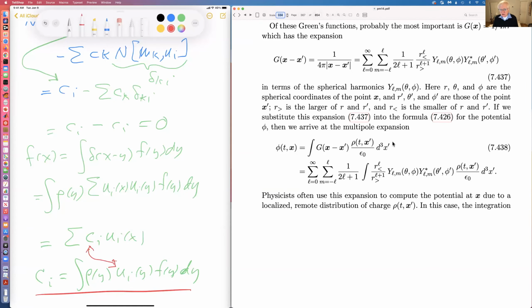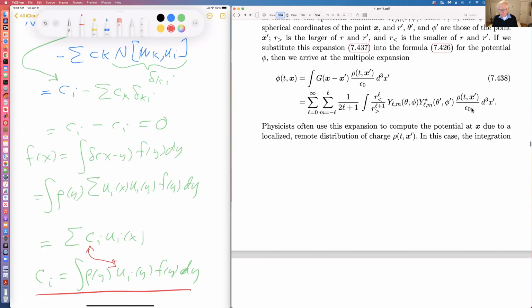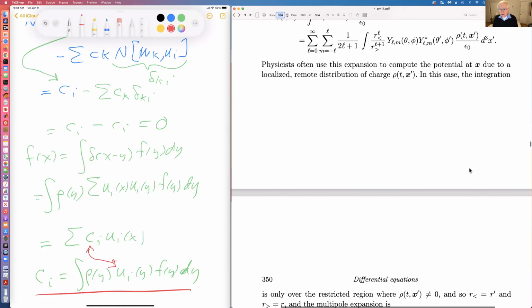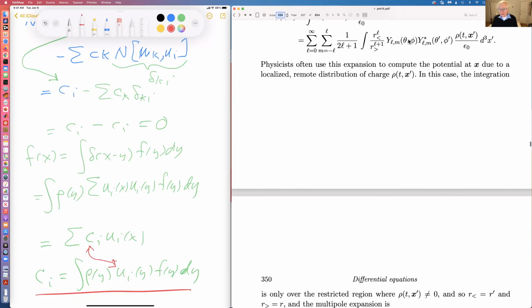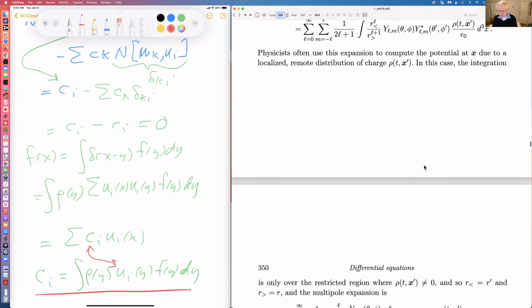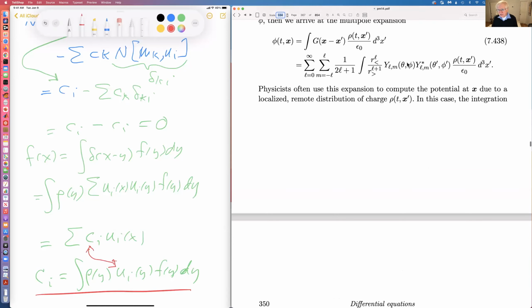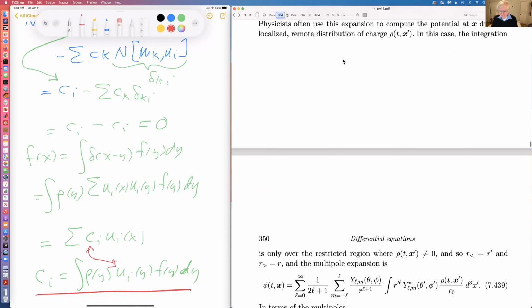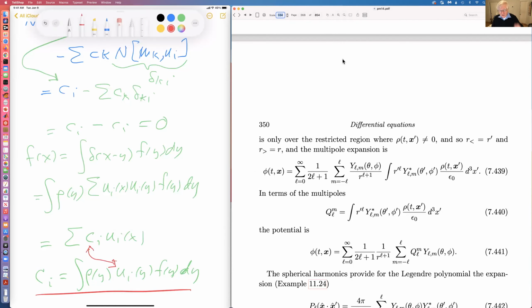Consequently, the potential due to a charge distribution is given by the integral of this Green's function times the charge density. And that is this expression here. And these things are called multipoles. You pull out the theta phi and r part, and you integrate over theta prime, phi prime, and r prime.